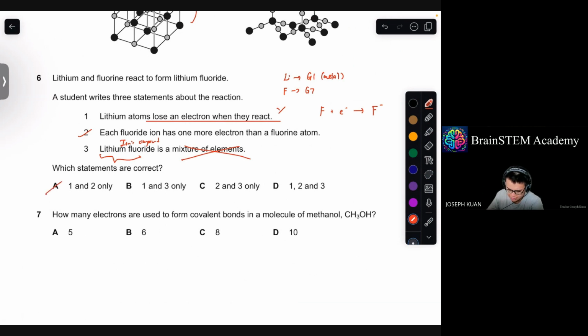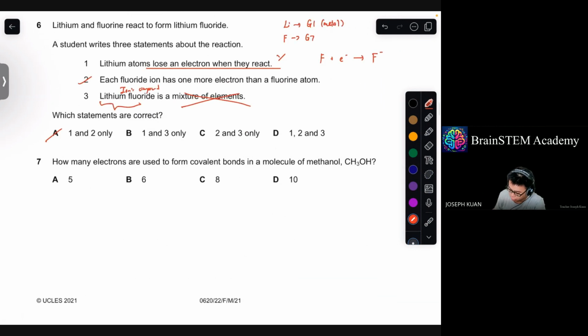Moving on to question 7. How many electrons are used to form covalent bonds in a molecule of ethanol? CH3OH. Let's draw the structure of methanol. Start with the carbon, followed by the functional group, which is the hydroxyl group, and followed by filling the carbon with more hydrogens. Remember, carbon is a group 4 element.